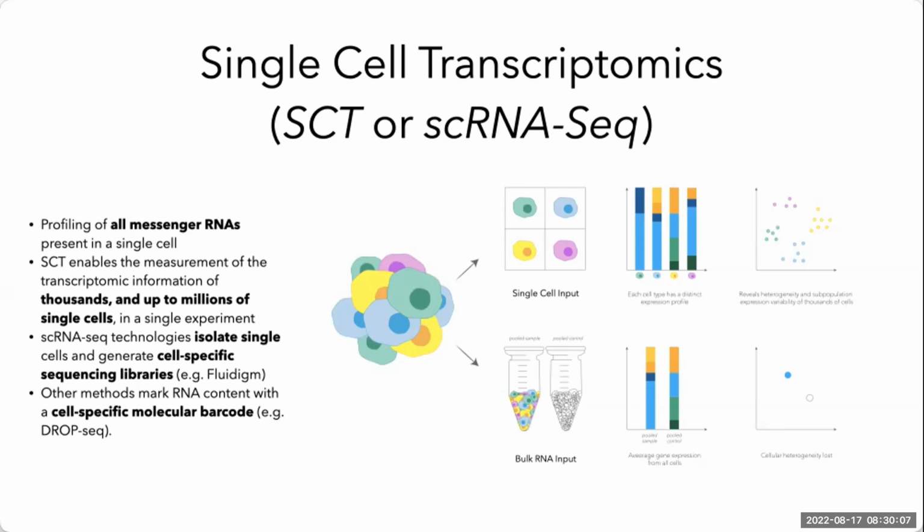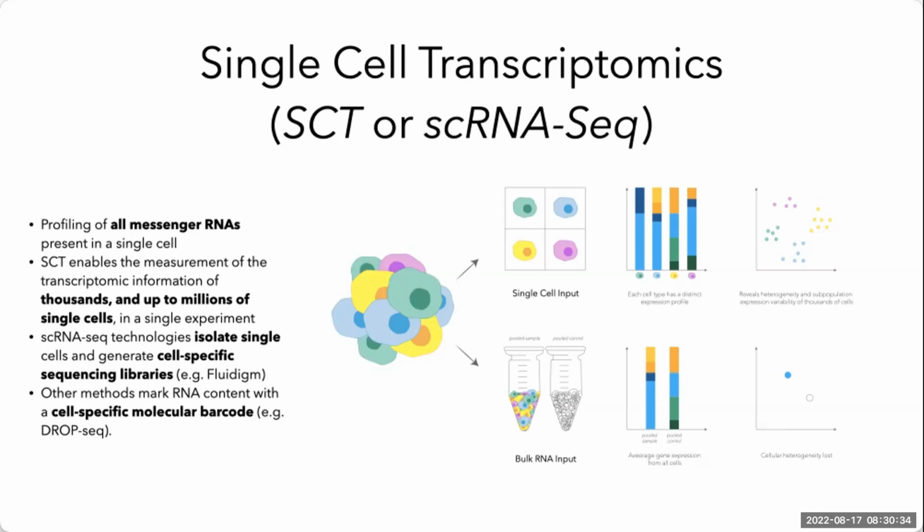Both approaches, as we know, generate gene expression estimates at the cell level, but single-cell technology enables us to measure the transcriptomic information of thousands and sometimes millions of cells on a cell-by-cell basis.